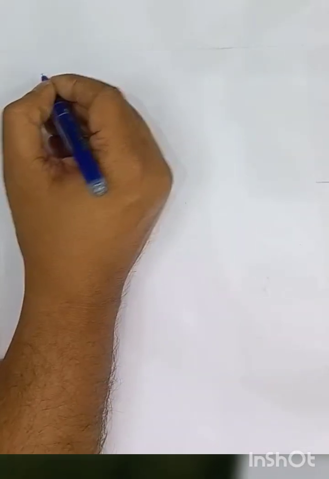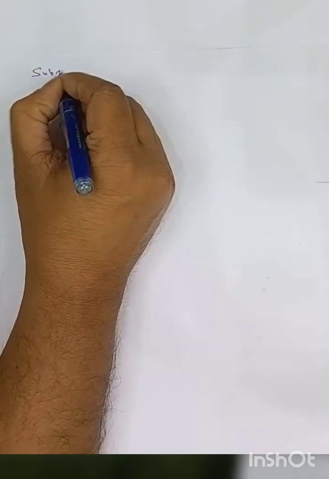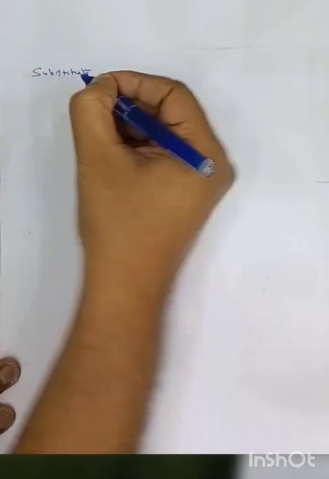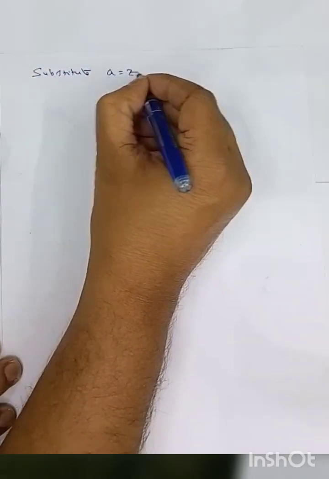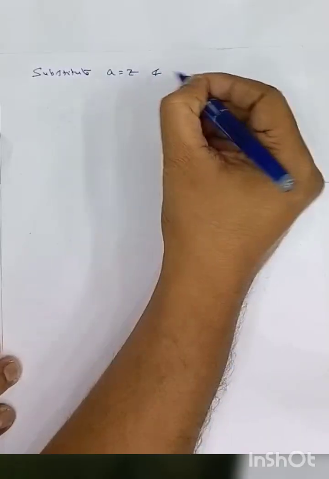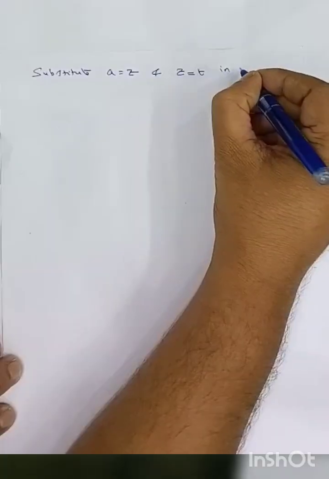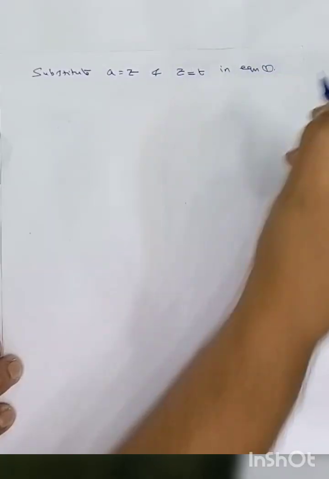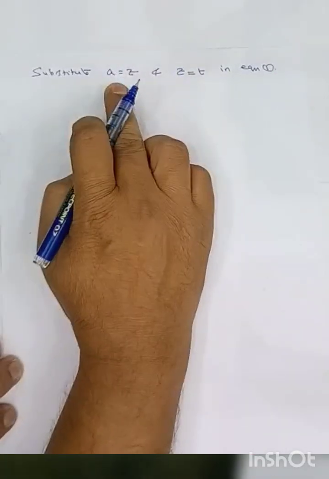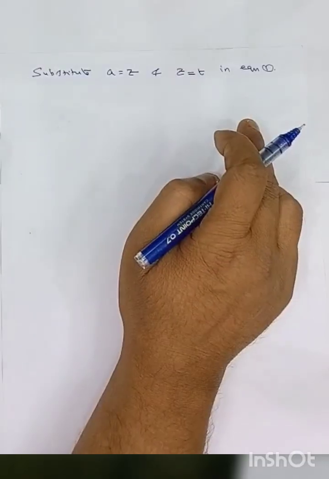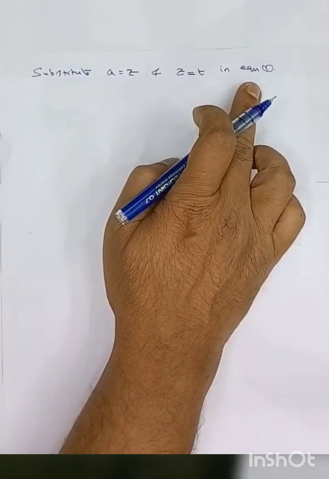Now substitute a is equal to z and z is equal to t in equation 1.